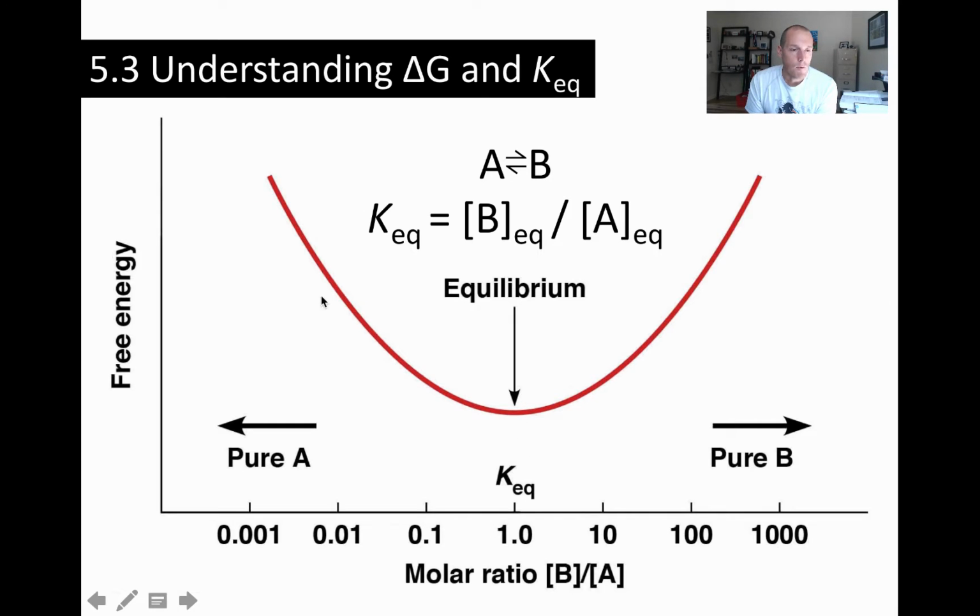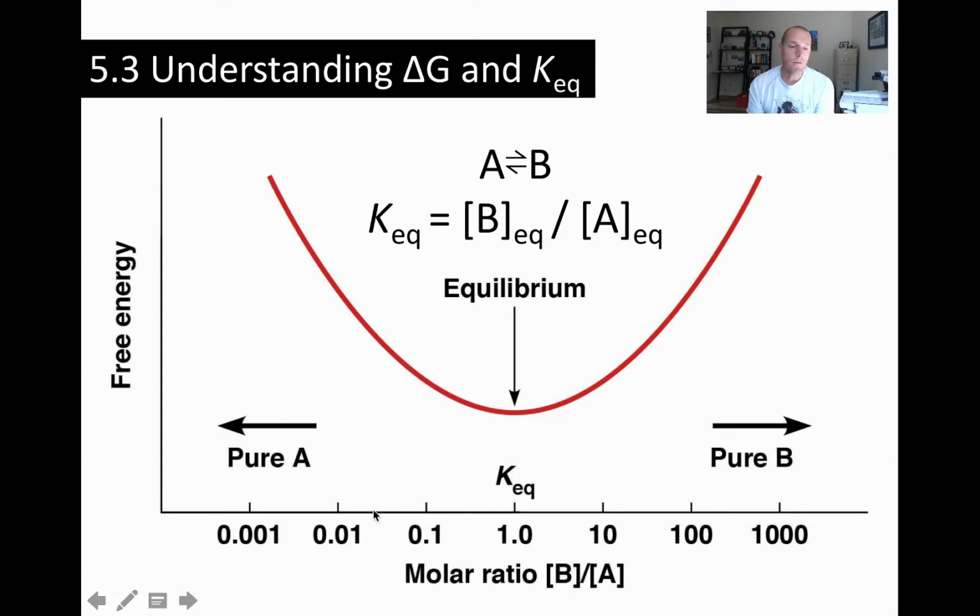And this line represents how the free energy changes as a function of the equilibrium constant moving away from 1. So if we had a reaction that had gone to equilibrium and we calculated the equilibrium constant, then as it moves away from 1, more free energy is either produced or needed to drive the reaction in the opposite direction.